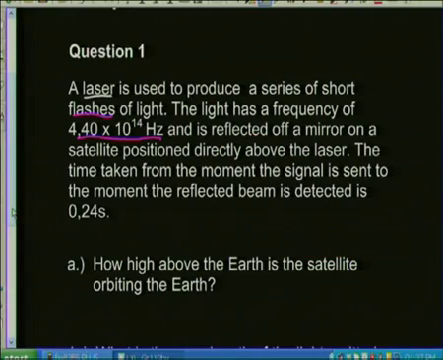So what are we told? It is reflected off a mirror on a satellite positioned directly above the laser. Now, the time taken from the moment the signal is sent to the moment that the reflected beam is detected is 0,24 seconds. So here's our scenario. We're on Earth, and we've got this little laser that pulses.